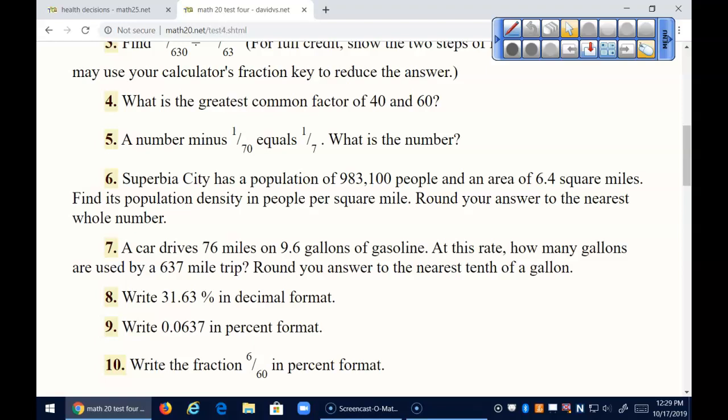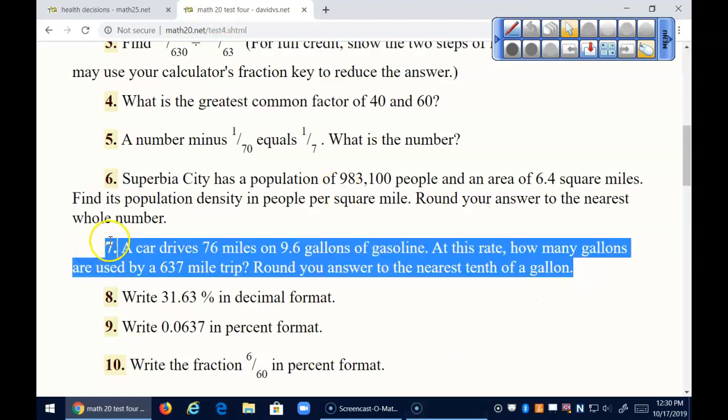I don't like factors. I remember how to do them now, but I always forget. So, yeah, greatest common factor. Wait, you want us to come up and do one of those? So do we divide 637 by 9.6? For number 7, let's do number 7.